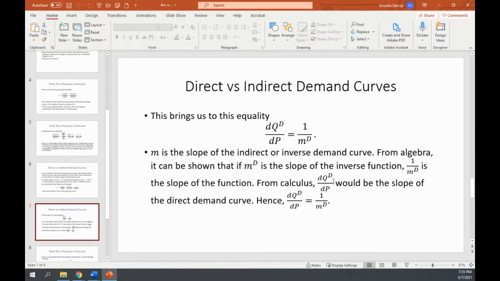From calculus, since we only deal with linear supply and demand curves, the derivative of quantity demanded with respect to price is just the slope of the direct demand curve, which is 1 over m superscript d. So that's where this equality comes from.